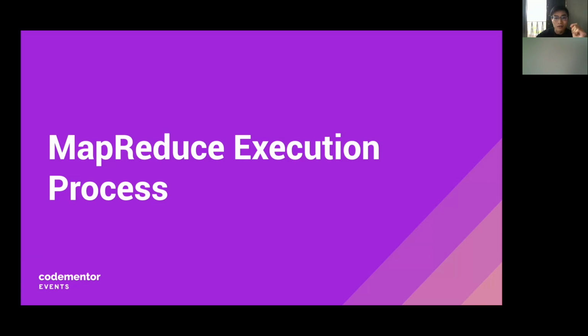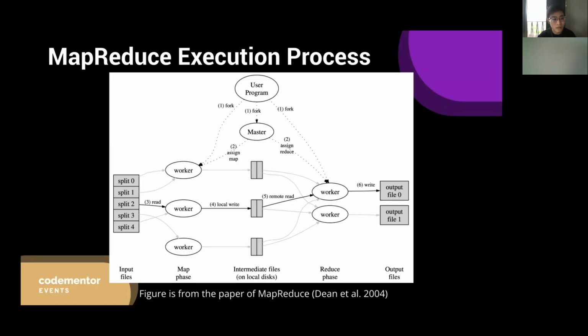Now let's talk about the MapReduce execution process as a whole system. This diagram comes from the paper of MapReduce, I mean the original paper. Basically, there are 6 steps in a typical MapReduce execution process.